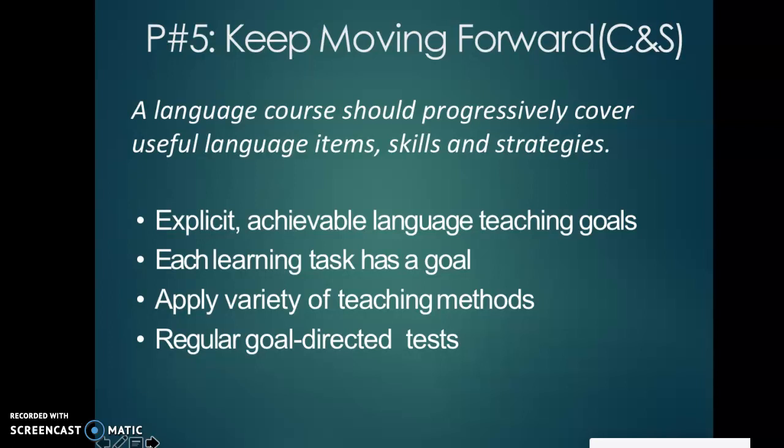So don't apply learning objectives that are hard and difficult for the students to achieve. Each learning task has a goal. Apply a variety of teaching methods or strategies, because it can help the students to be more motivated. The next one, regular goal-directed tests.